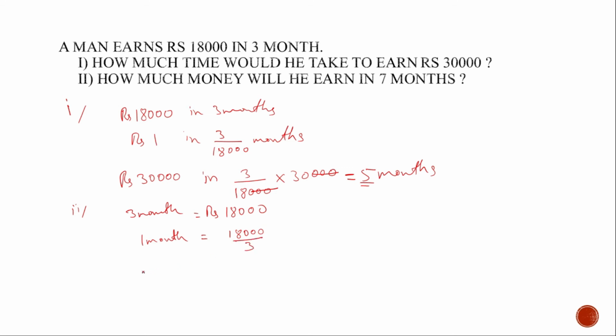So in 7 months, how much will he earn? So we will write 18,000 by 3 into 7. That means 42,000 rupees.